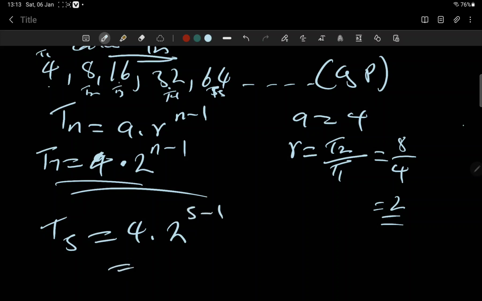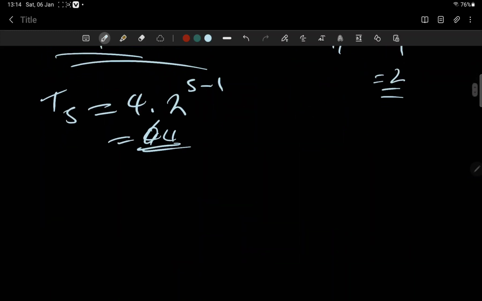On a calculator, 4 times 2 to the open bracket 5 minus 1 is indeed 64. So which means we got it right.